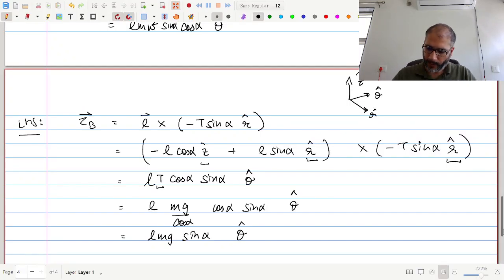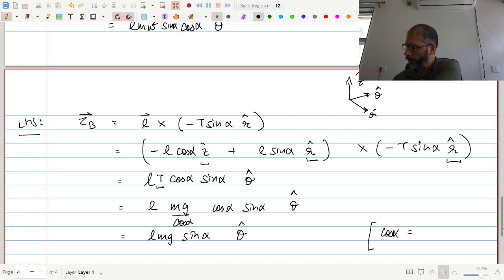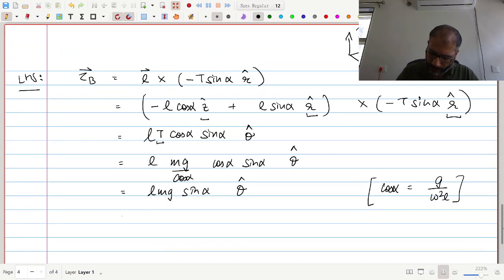And we can use the relation from when we found the angle alpha: cos alpha was equal to g upon omega squared L. So basically we can get rid of g. We can write L m, and g can be written as omega squared L times cos alpha, and then we have a sine alpha theta hat.